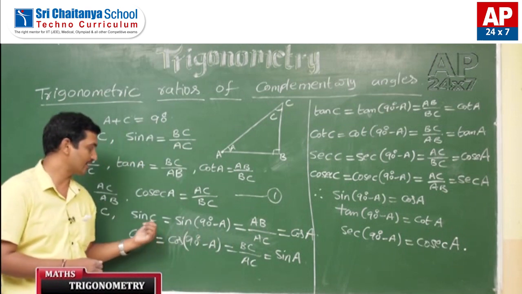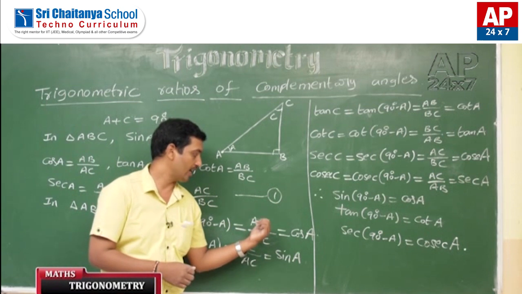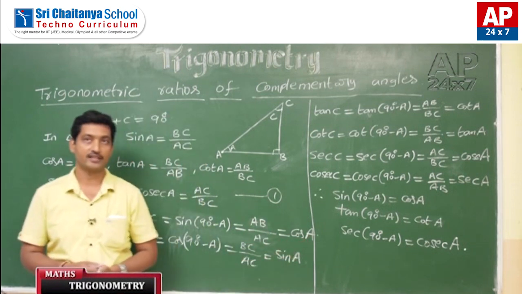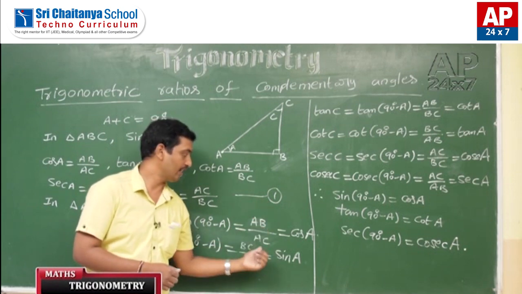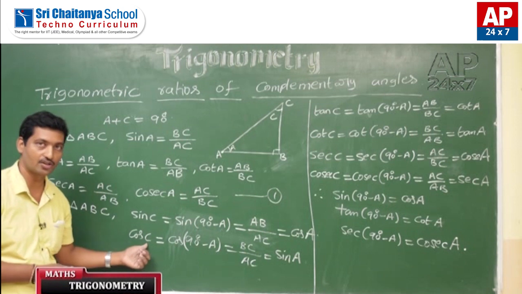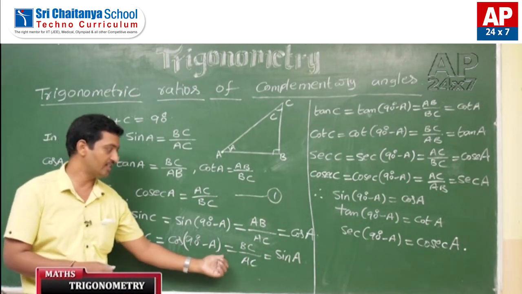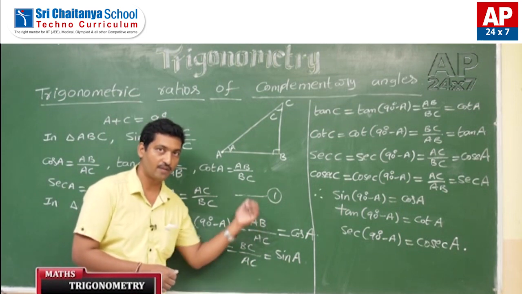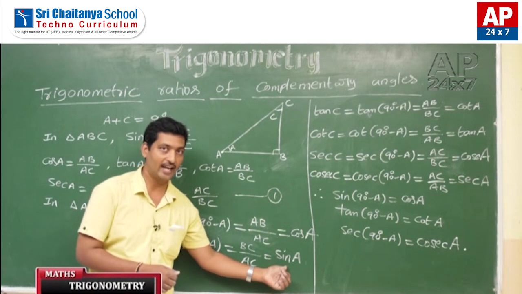Sin C can be written with C replaced by 90 degrees minus A. From the first relations, AB by AC is equal to cos A. Come to the second one, cos C is equal to cos of 90 degrees minus A, which is equal to BC by AC. From the first relations, we have BC by AC value is sin A.